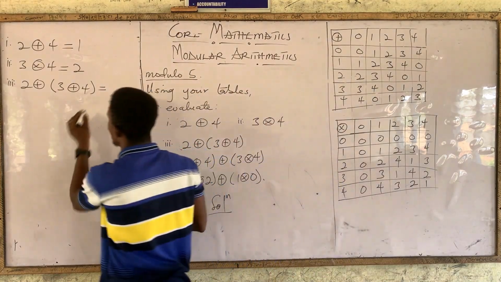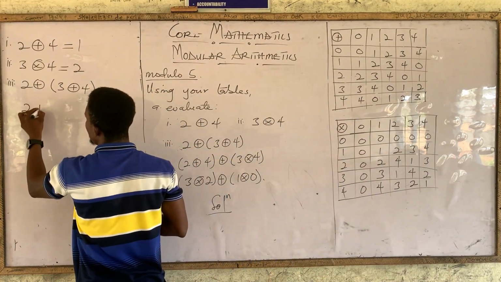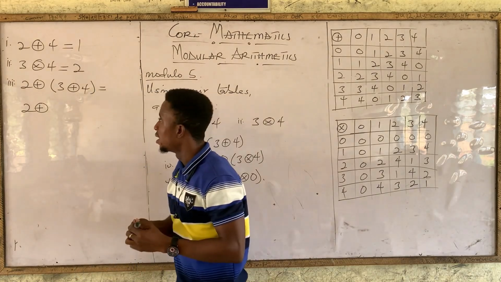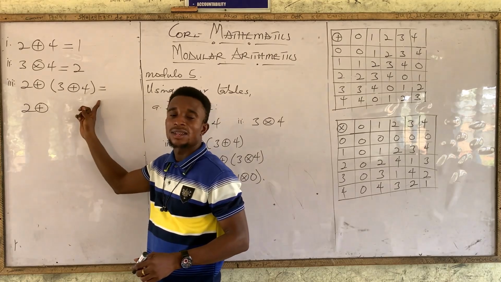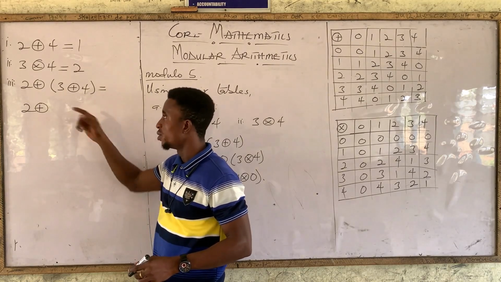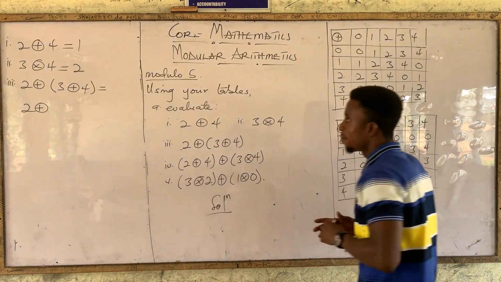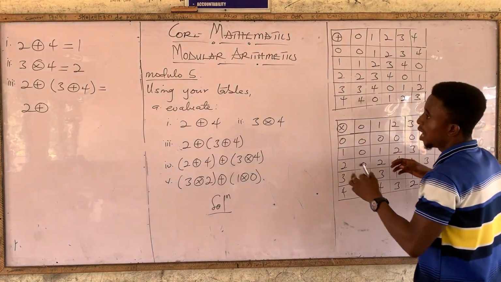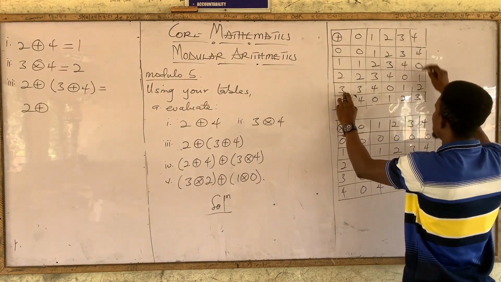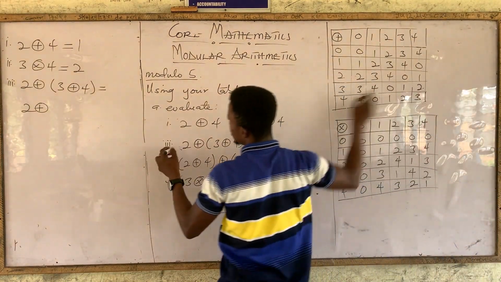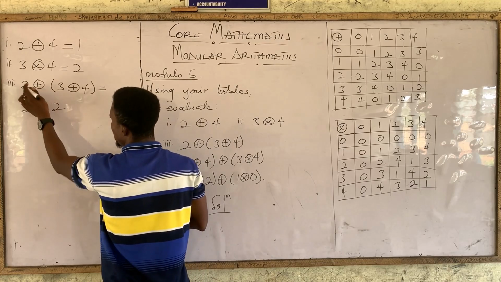So I'm going to have 2 plus, are we getting that? The 2 has to stand on its own, then the plus, and this one. You solve for this one first. So 3 plus 4. I come to the 3 plus 4, and that one too is getting me 2. So already I'm having this.